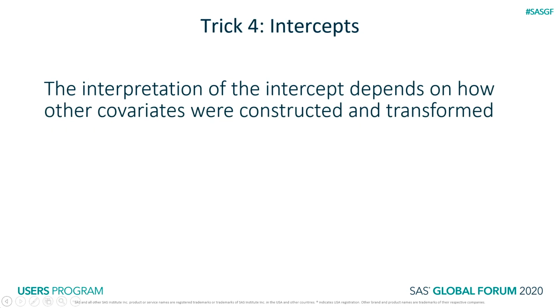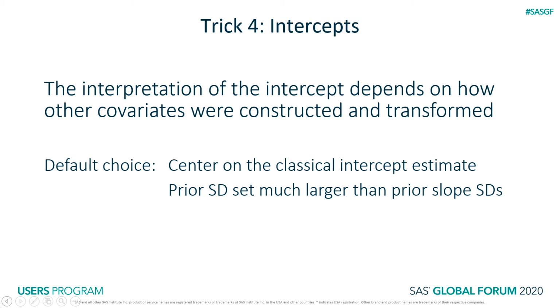Now we have one more regression coefficient, and that's the intercept. That's a lot harder to think about because, well, there's this quagmire of interpretation depending on how you transform things, what the values of all the other parameters are. So to sort of cut the Gordian knot and make this easy, I'm going to do something sort of like an empirical Bayes type idea, if you're familiar with that. But the basic idea here is to center the prior on the OLS estimate of the intercept, and then set that prior standard deviation very large so that it doesn't really have much impact for that parameter.